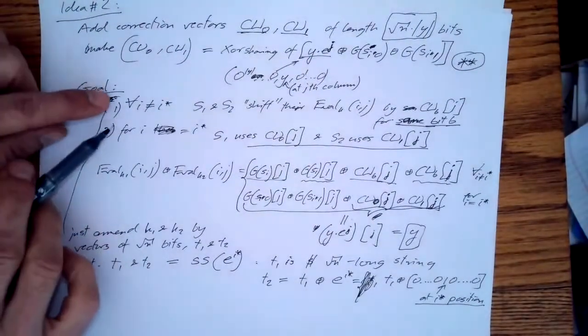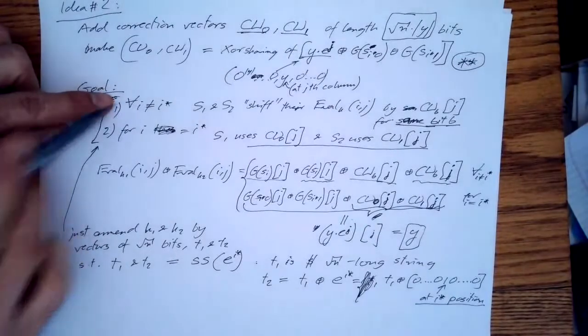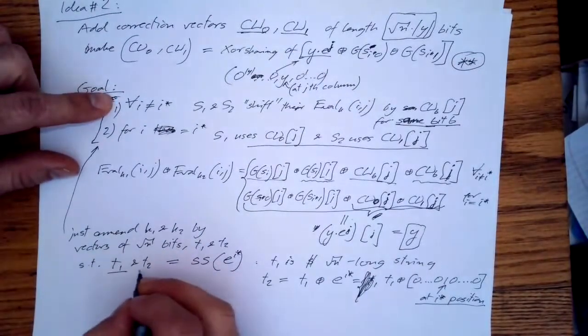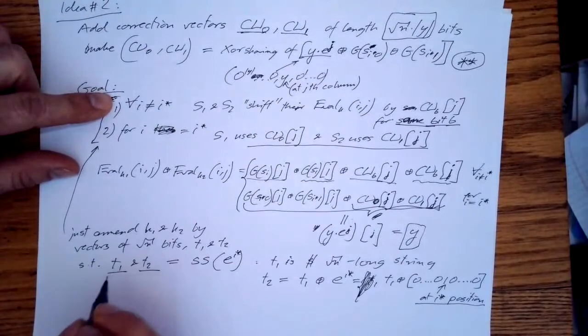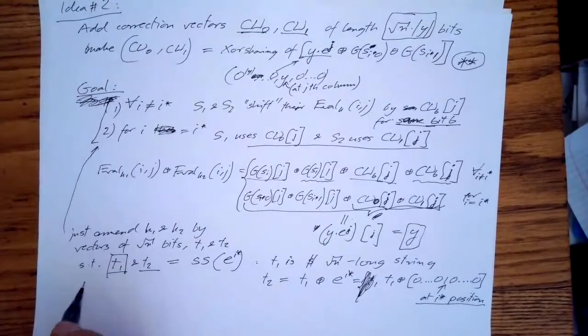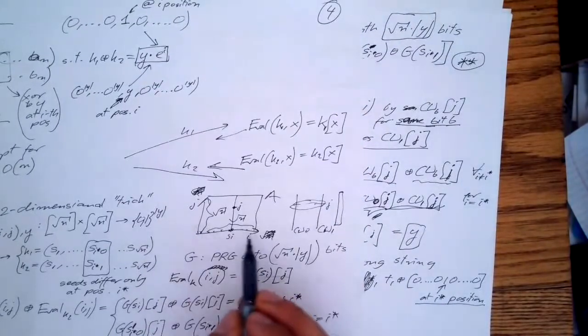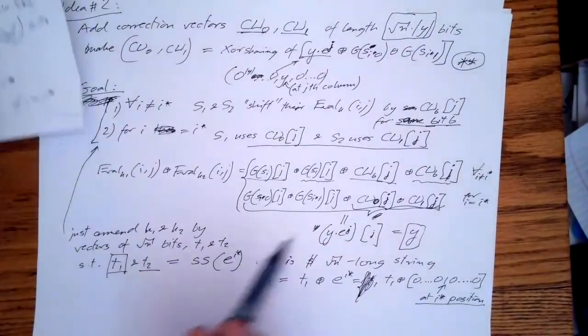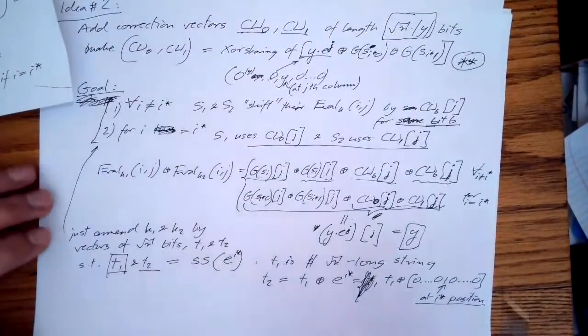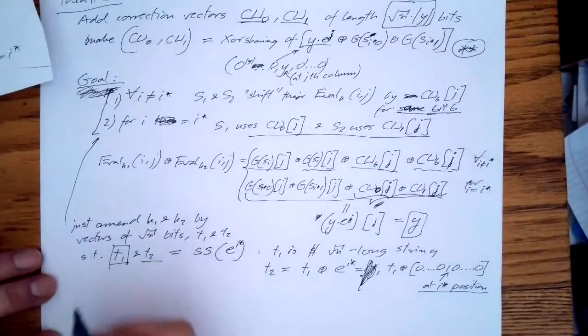So how can they know which to use? The way these vectors tell them is that this is a vector of square root of n bits, 1 bit for every column. So here's the final evaluation.